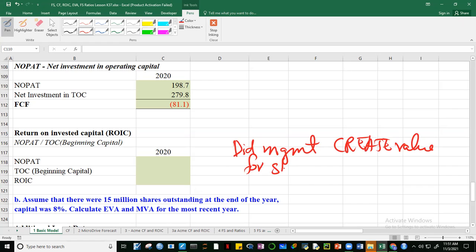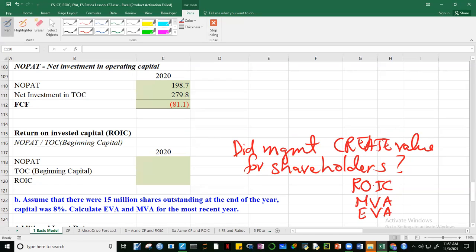So this is a very important question which we need to address, which we need to answer. Was management able to create value for shareholders? Now, in order to answer that, guys, we have to have certain metrics. And the metrics that we're going to use for that, we're going to use three in this case: ROIC, and then MVA, and EVA.